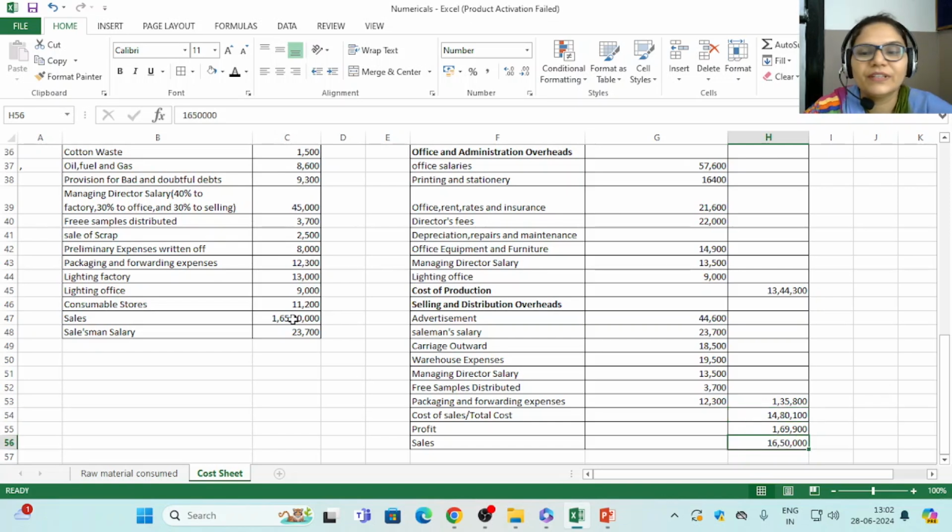Sales value is given in the question, 16 lakh. Yes, now it's correct.